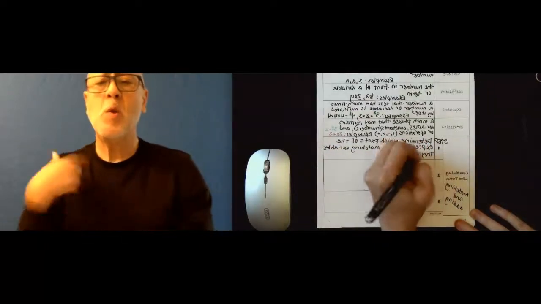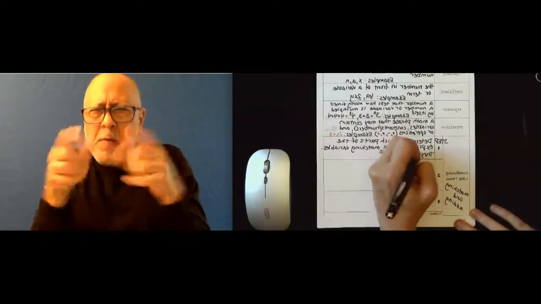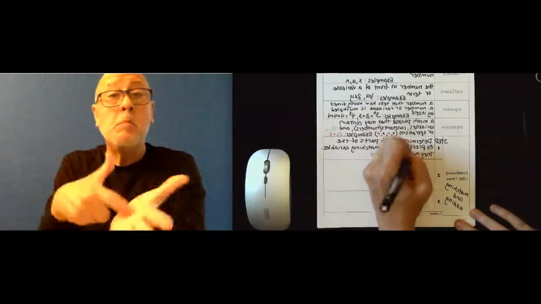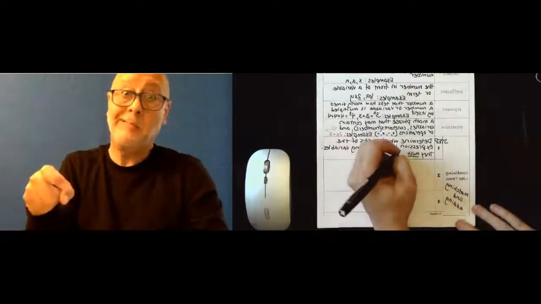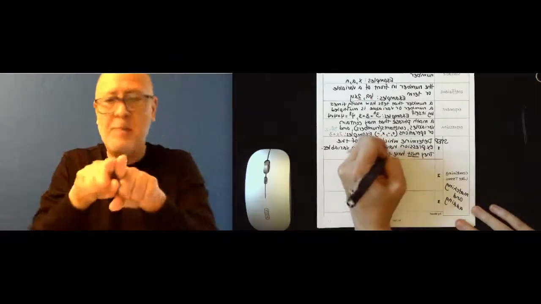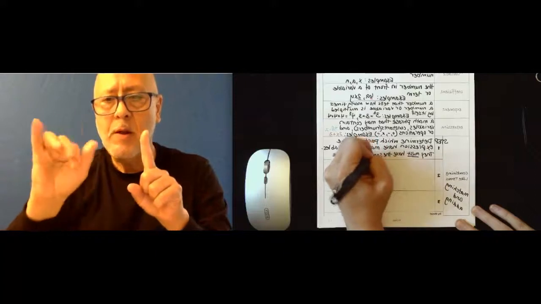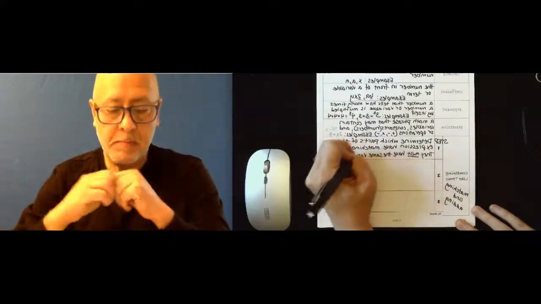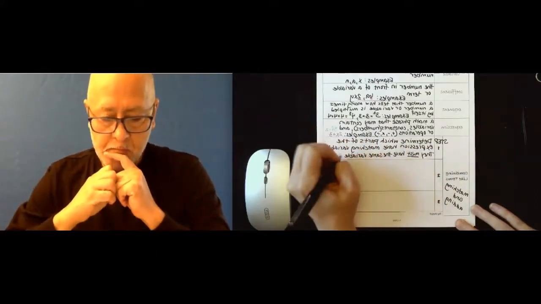When we're looking for matching, they must, and I might even underline must because it's that important, they must have the same variable and exponent.